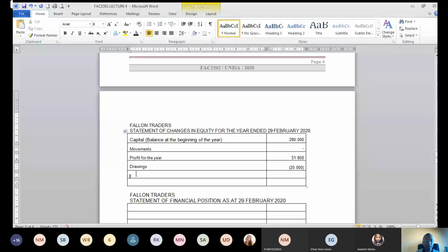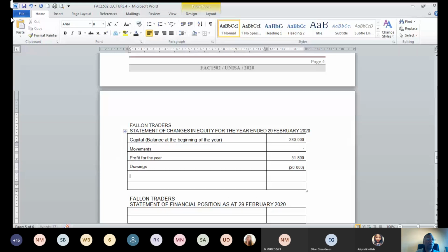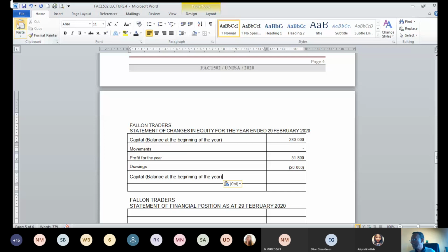Your final answer for this statement is called the capital, the balance at the end of the year. So we are looking for the balance at the end of the year, and that is the sum of those balances.